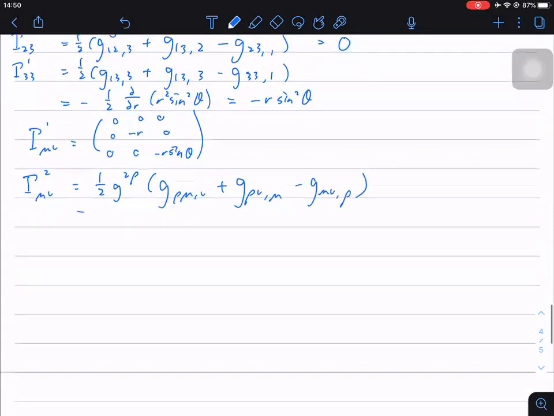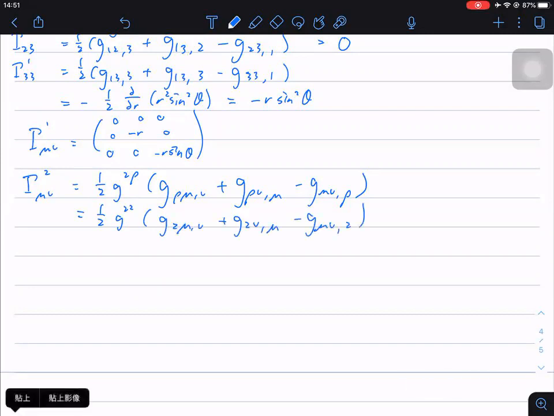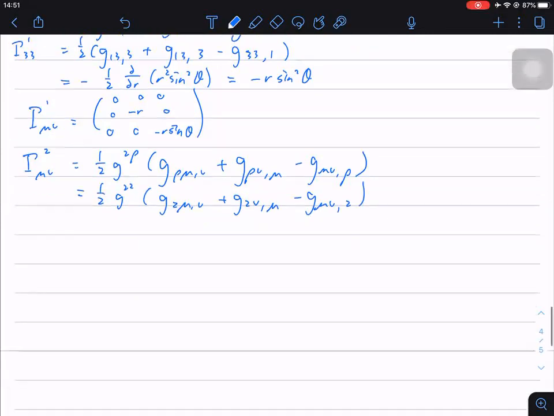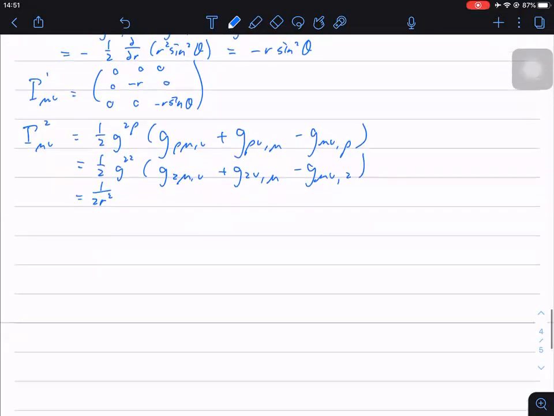And again, for the off diagonal terms to be 0, we have G22 here, 2 mu, 2 nu, and comma 2. So G22 this time is 1 over R squared, since it is the inverse metric.